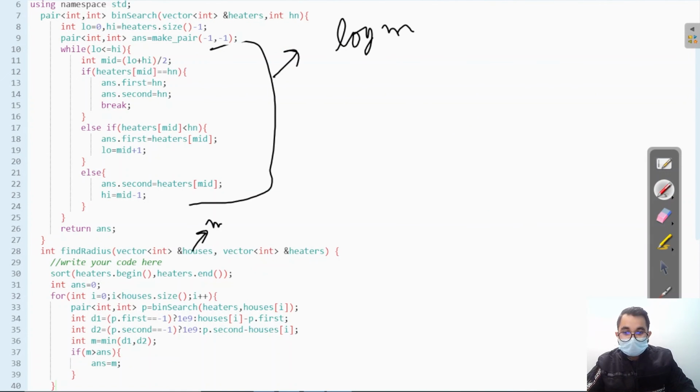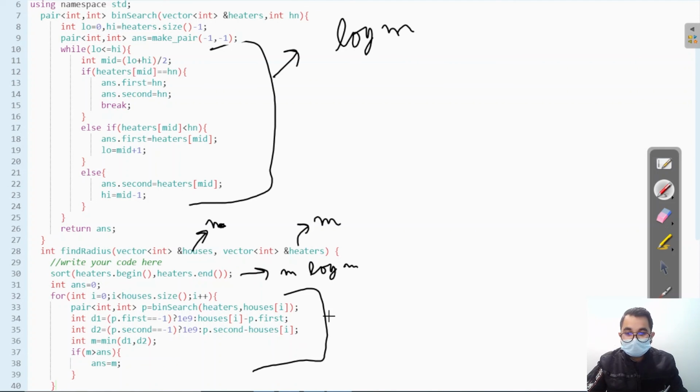Number of houses is n, and number of heaters is m. So log m time it will take, and also to sort the heaters array it will take m log m time. And for this loop, the first thing is running in n, and I'm calling a binary search inside it, so n log m time it will take.